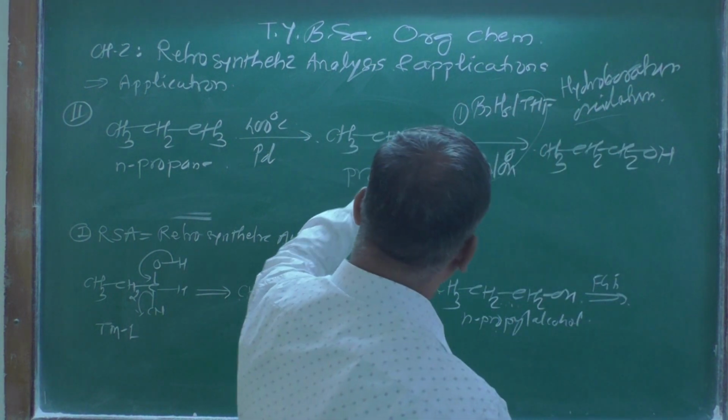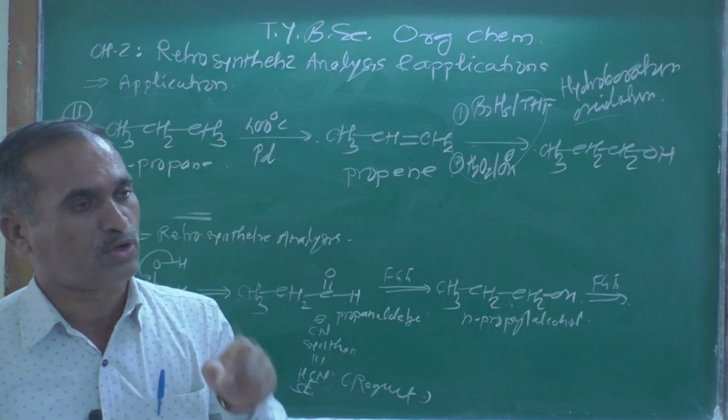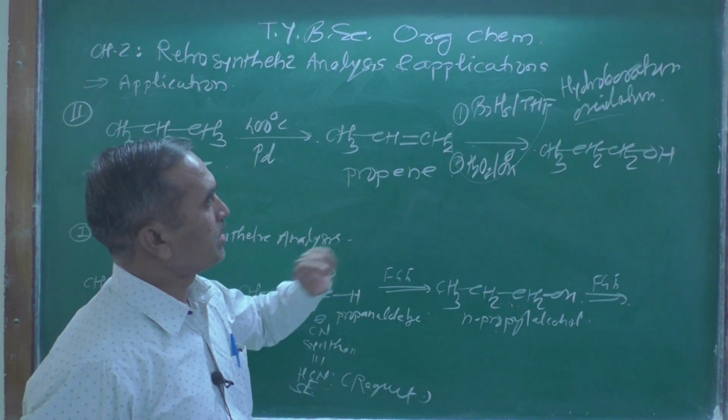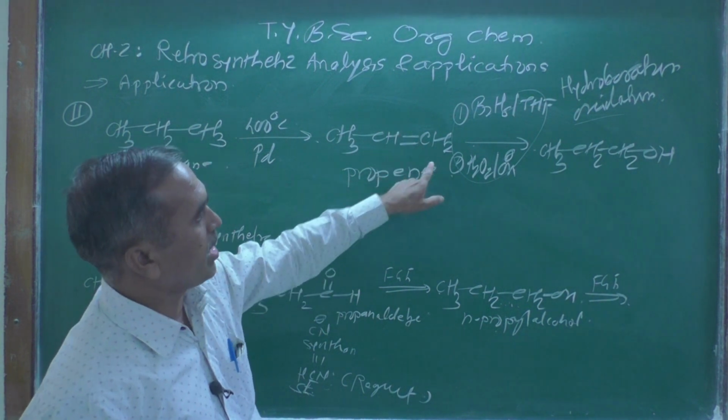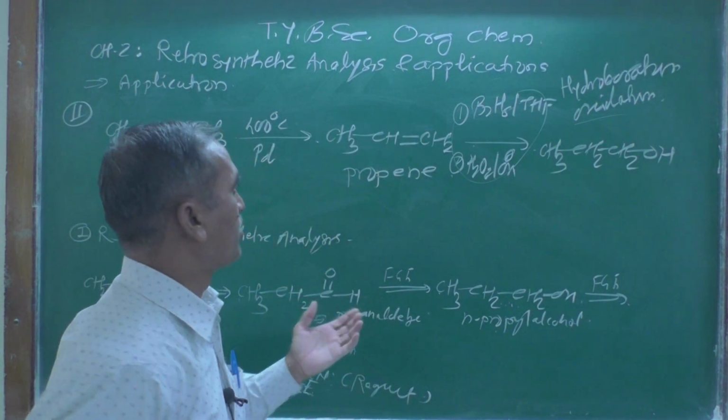Now look here at what anti-Markovnikov's rule says: in an addition reaction, the negative part of the addendum attaches to the carbon atom which carries more hydrogen atoms.